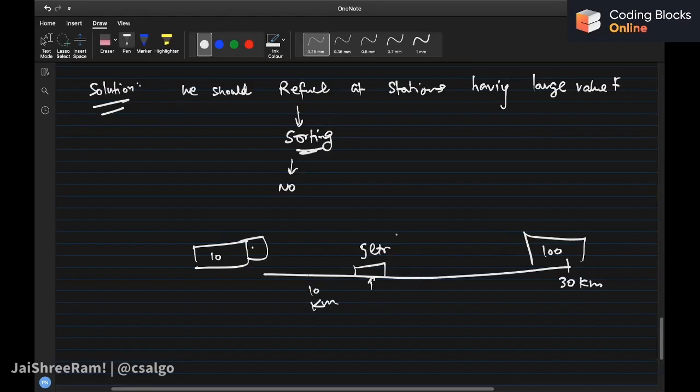Okay, so obviously you would still need to refuel at this station to go further. You cannot directly pick this because this is not directly reachable.